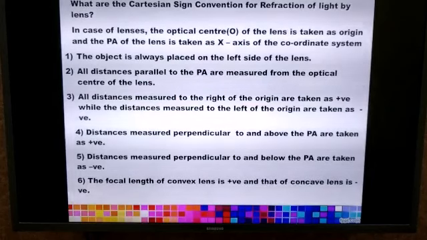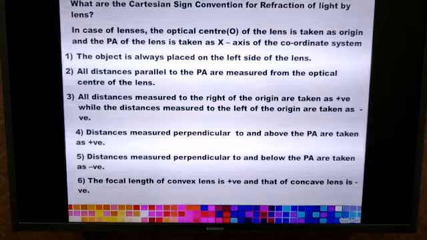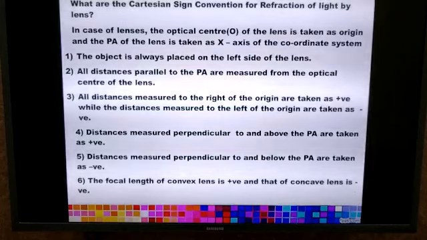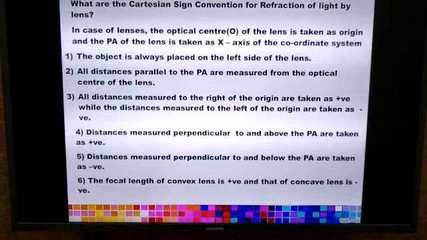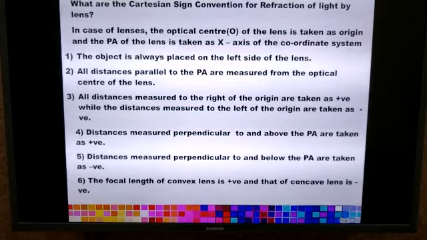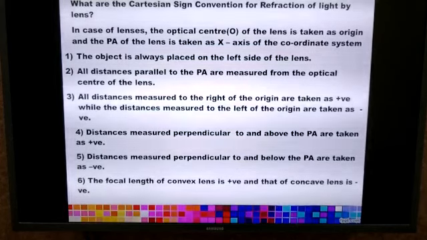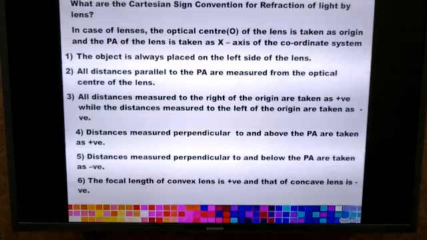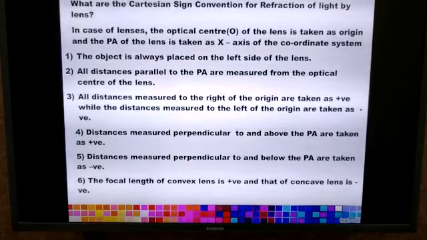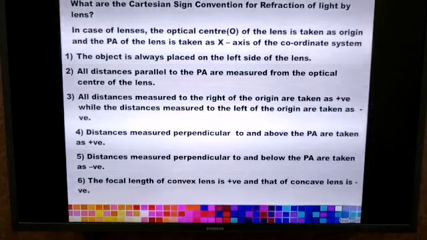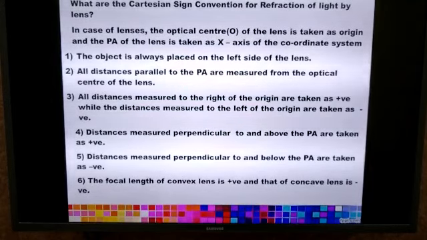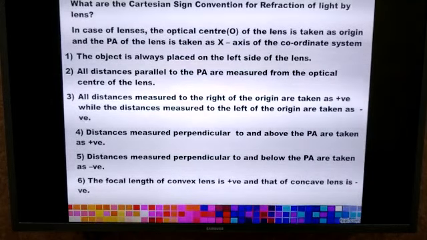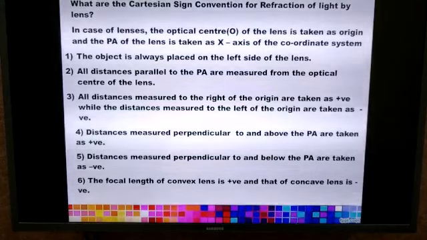Third, all distances measured to the right of the origin are positive, while distances measured to the left of the origin are taken as negative. Fourth, distances measured perpendicular to and above the principal axis are taken as positive. Fifth, distances measured perpendicular to and below the principal axis are taken as negative. And the sixth convention is: focal length of a convex lens is positive and focal length of a concave lens is negative.